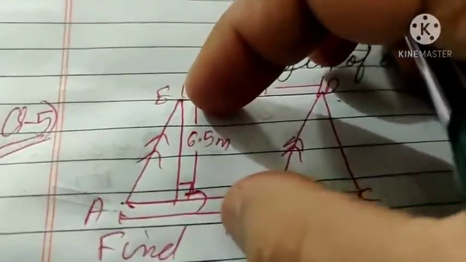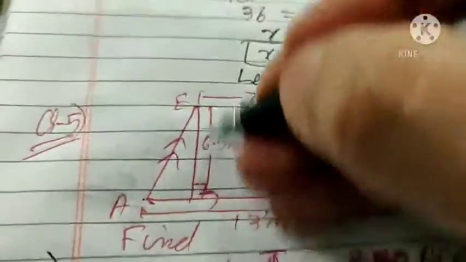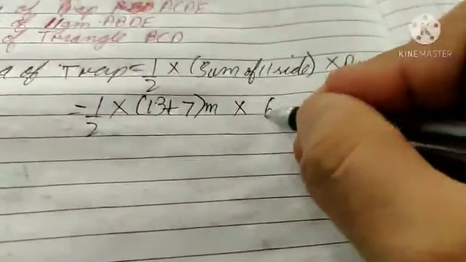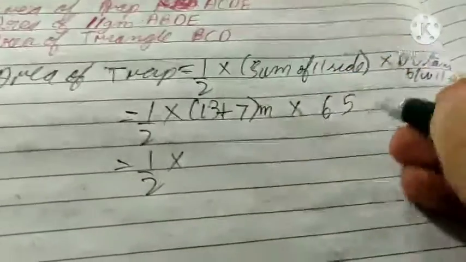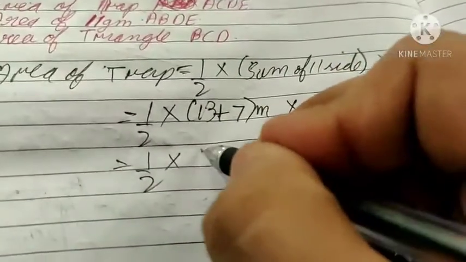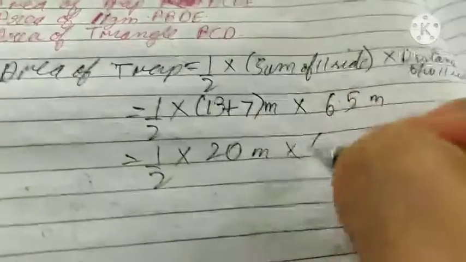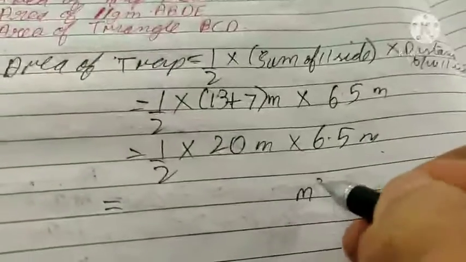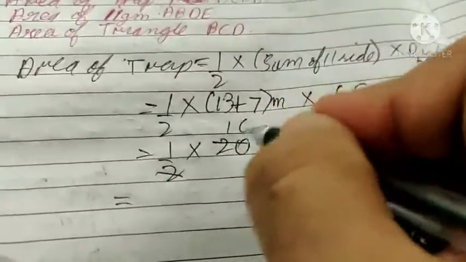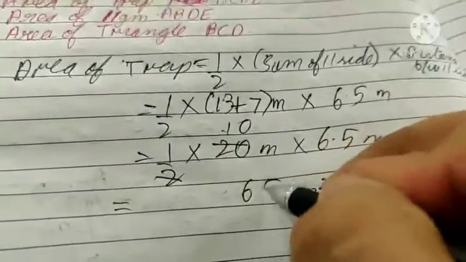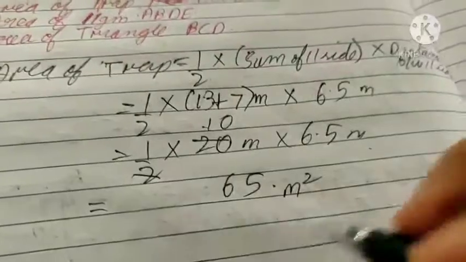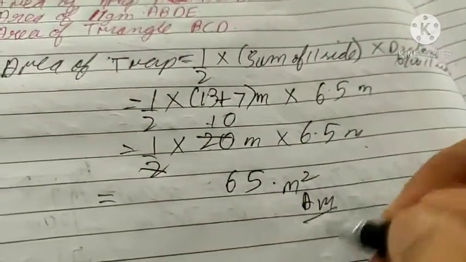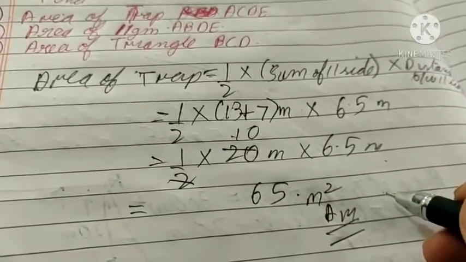Distance between, that is the height, that is at 90 degree to each other. This is 6.5. So half into 13 plus 7 is 20 meter into 6.5 meter. So meter into meter makes meter square. 10 into 6.5 is 65. So this is the area of complete figure ACDE.